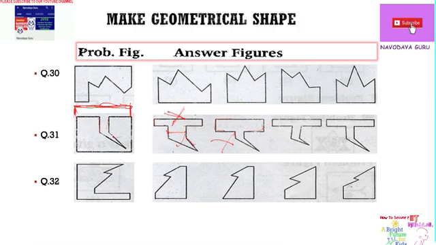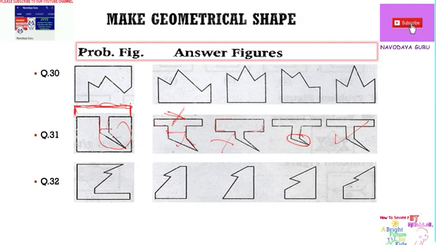In the next option, we can see this particular block is all right, but here this particular design, that angle of this design is not matching. Let's go to the last option. In the last option, we can see that this design and this particular shape is perfectly all right. So question number 31 answer is option number 4.